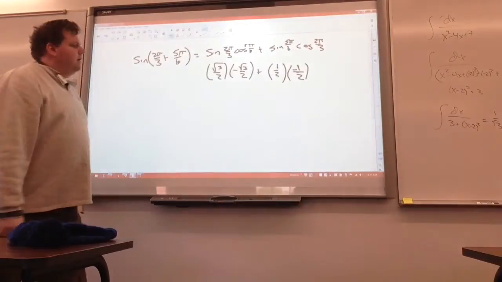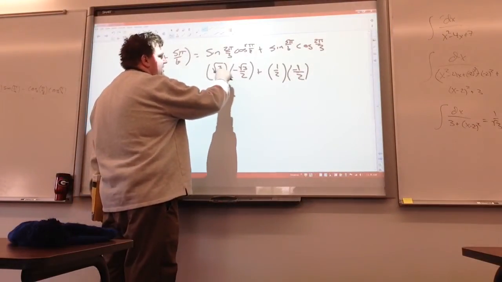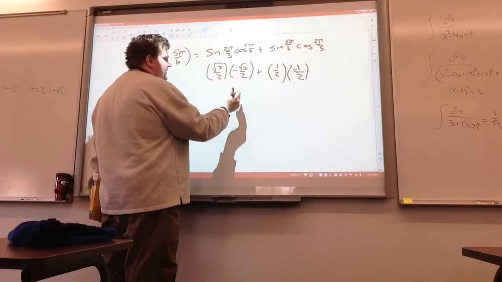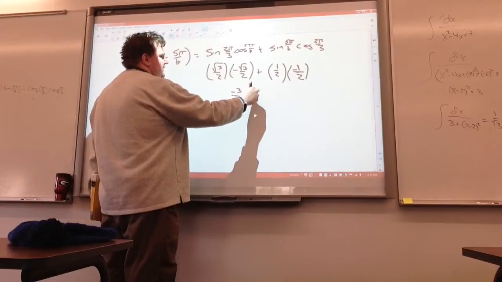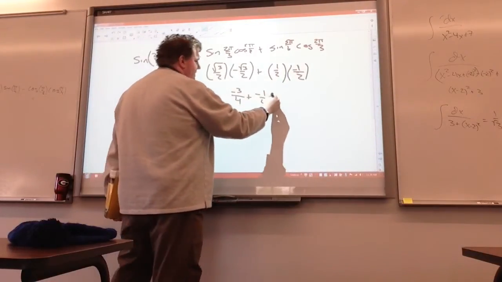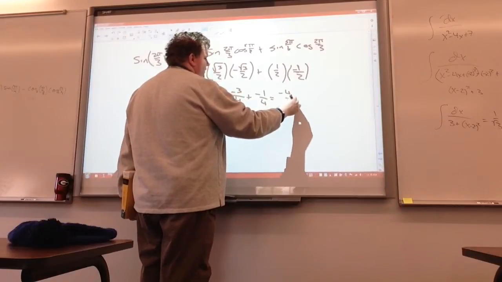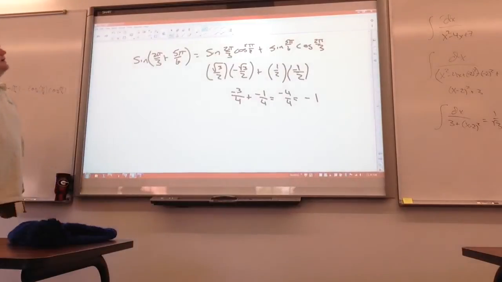Okay? So, at this point, working this out here, the top is going to give me what? Root 3 times negative root 3 is negative 3/4 plus negative 1/4 is equal to negative 4/4 or negative 1. Now, this is the sine of negative 1.